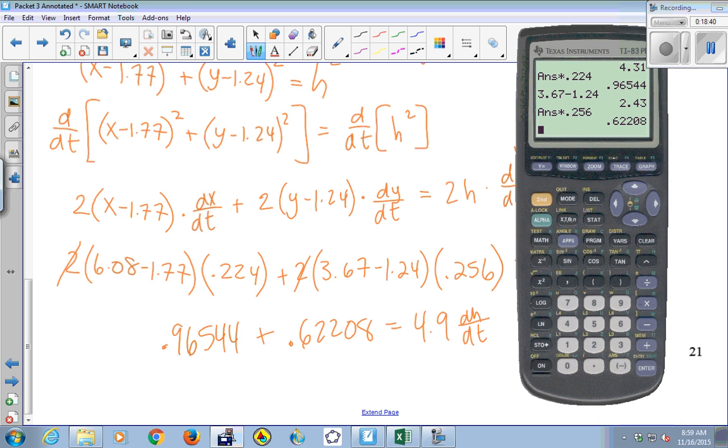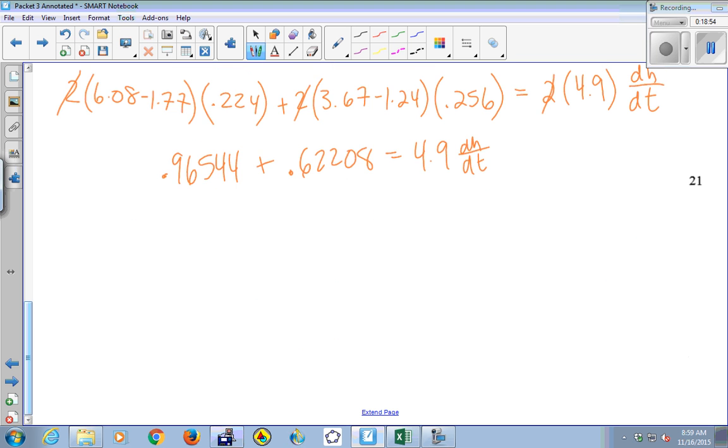All right, so I can solve for dh/dt here. I'll just add these two together. 0.324 approximately. Yep.